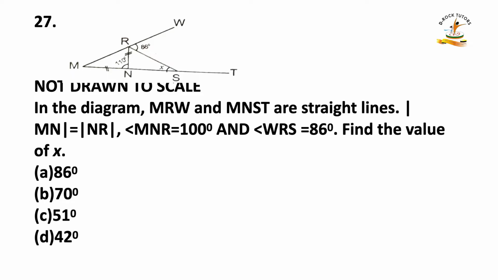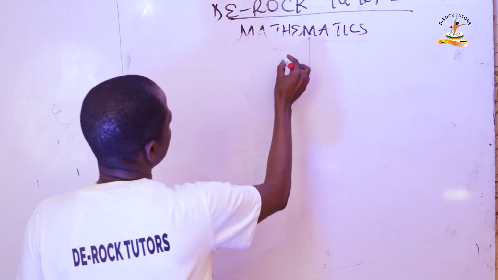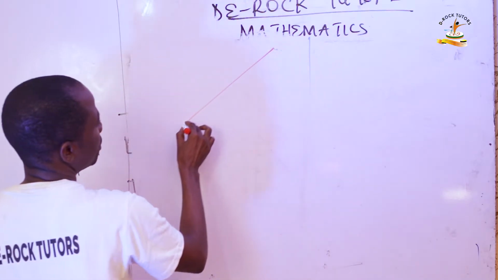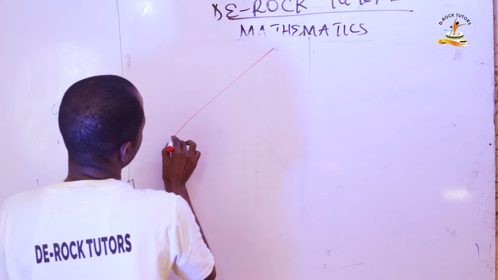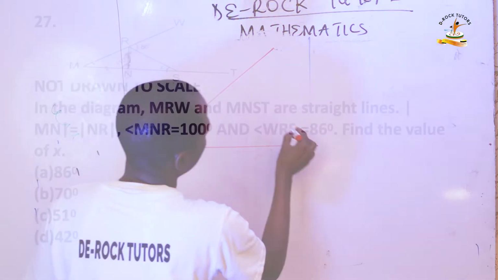Okay, number 27, we are given a diagram like this. If I recreate the diagram, we have something like this.